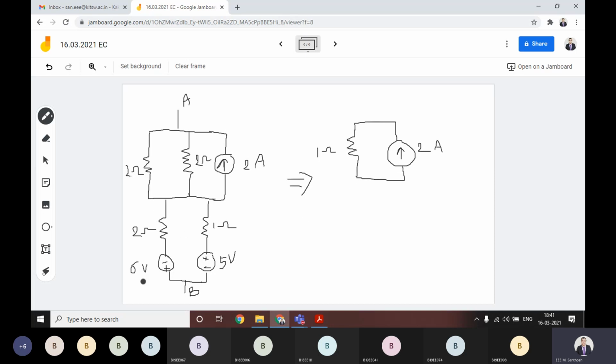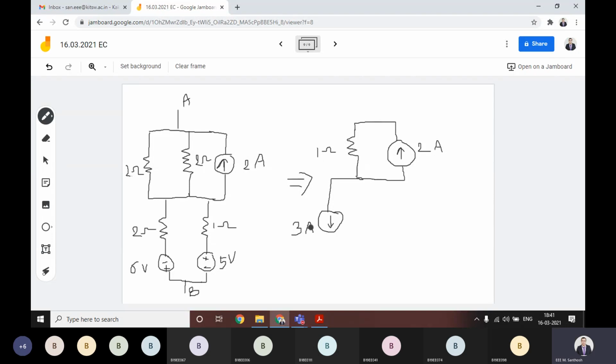Then this is 2 ohm, this is 6 volts. I am also converting this one into a current source and a resistor. Then what is the current value from this? 6 volts by 2 ohm. Usually we will calculate that way. Then how much is the current? 3 amps. That is equal to 3 amperes.